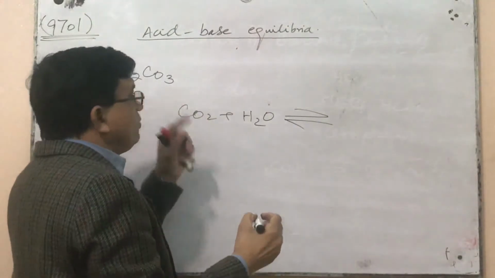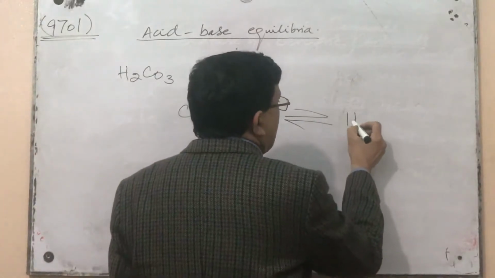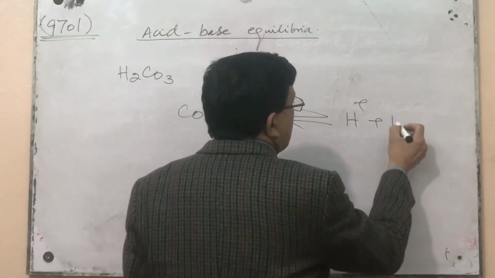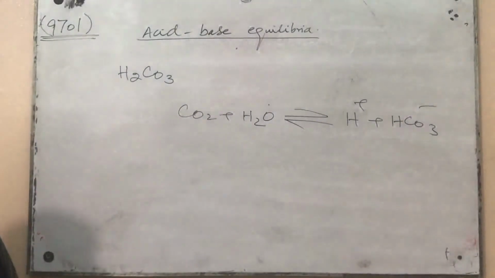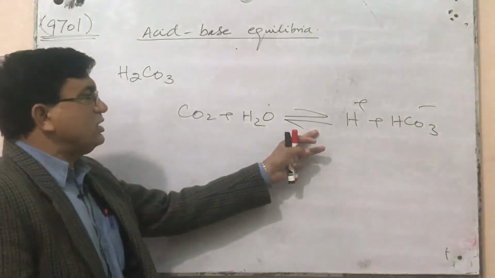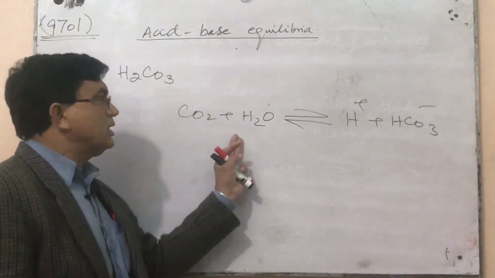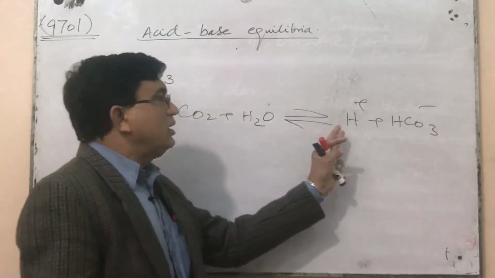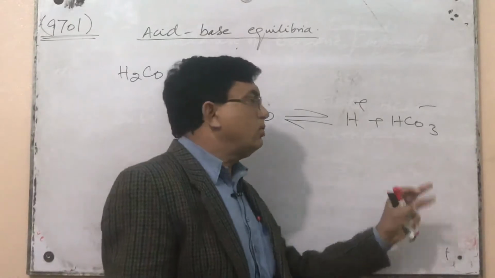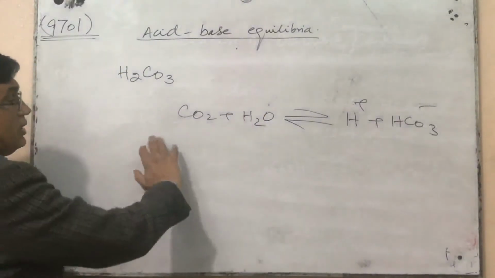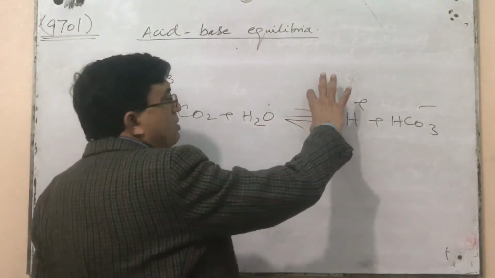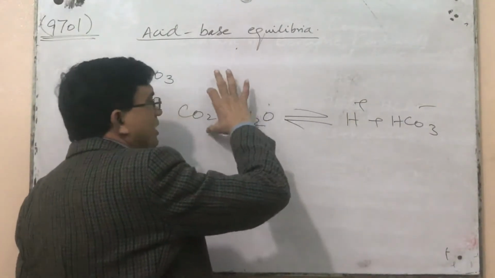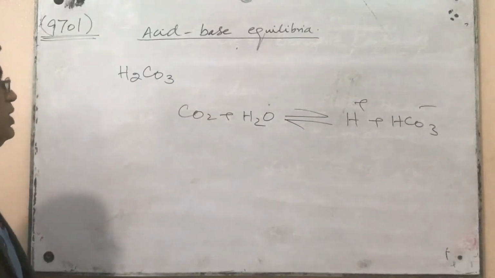But the substance which is formed is immediately ionized, and H positive plus HCO3 negative is produced. In this manner, equilibrium is established between carbon dioxide and water, and then proton and hydrogen carbonate ion. That's why this reaction also indicates that the equilibrium can be established only if the acid or bases are weak.